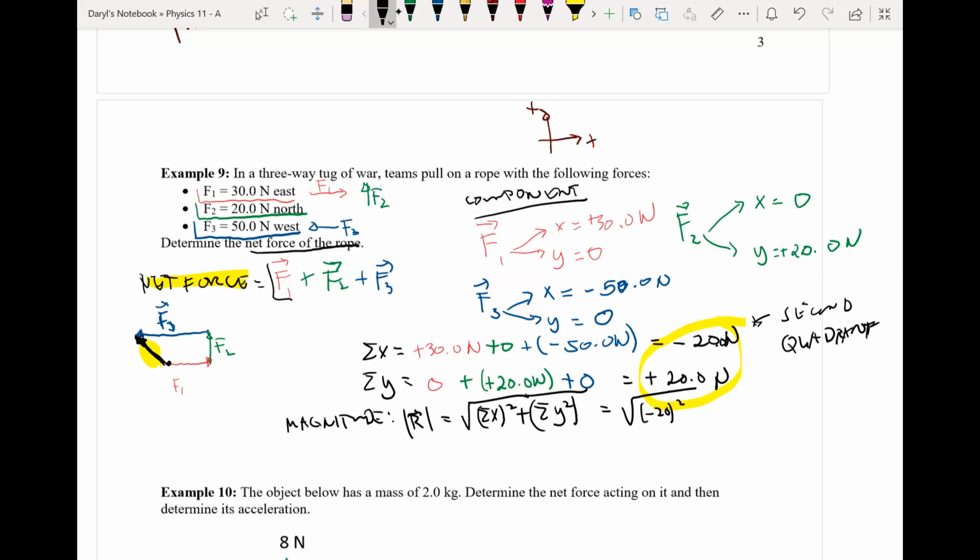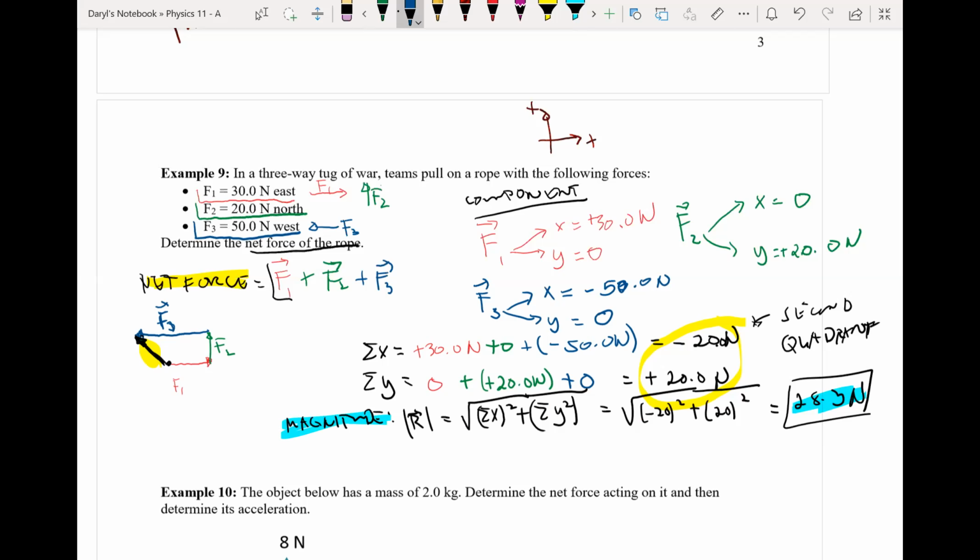But regardless of if it's negative or positive, it should give you a positive value. So if you're gonna take that, that gives you 28.3. So that's the magnitude. That is still the magnitude. So this is not your final answer.